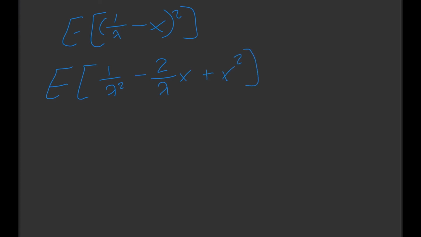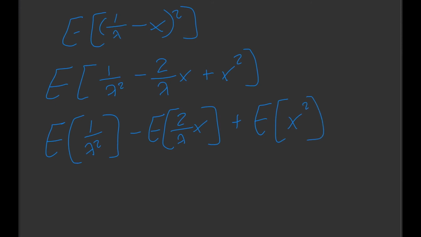And so now we're able to carry the expectation through. So this is the expectation of 1 over lambda squared minus the expectation of 2 over lambda x plus the expectation of x squared.